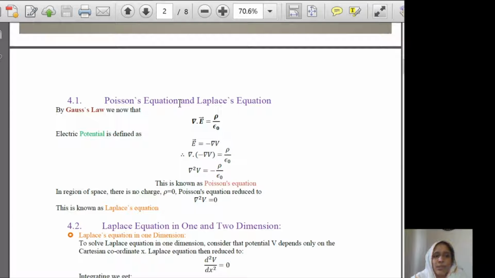First topic. By Gauss's law, we know that the divergence of the electric field, del dot E, is equal to rho by epsilon naught.